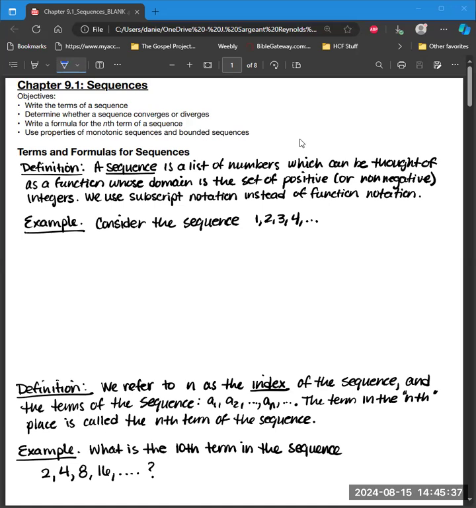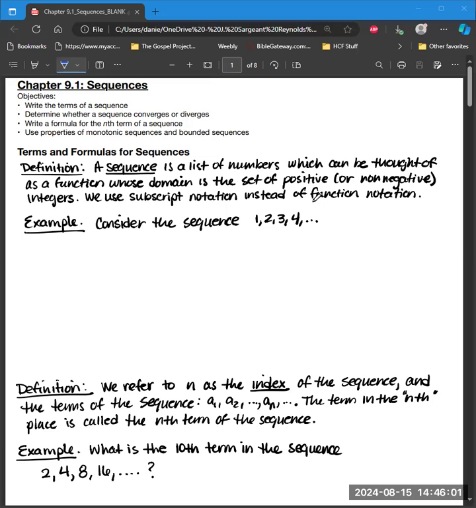It's a well-ordered set, so there's clearly a first, second, third, fourth, fifth member in the set, and so on. It just depends whether you start counting at 0, indexing at 0, or indexing at 1, and there are advantages in certain sequences to indexing them at 0, and for other sequences to indexing them at 1.